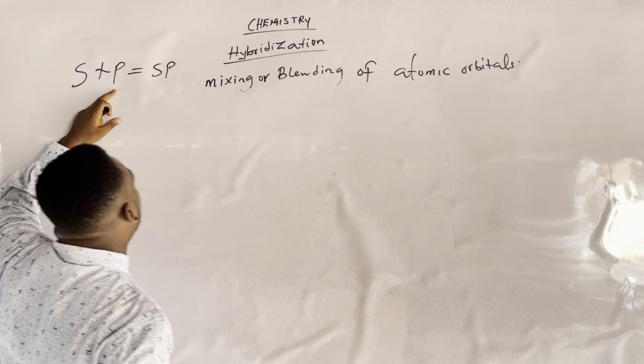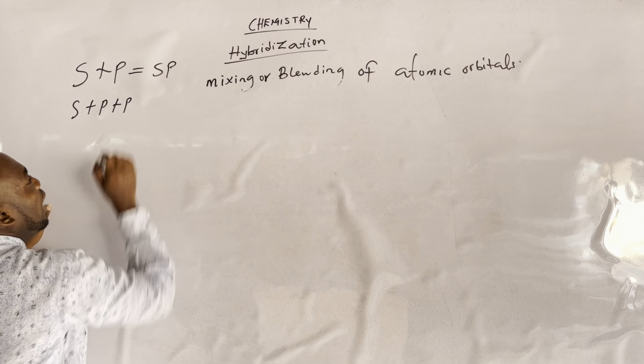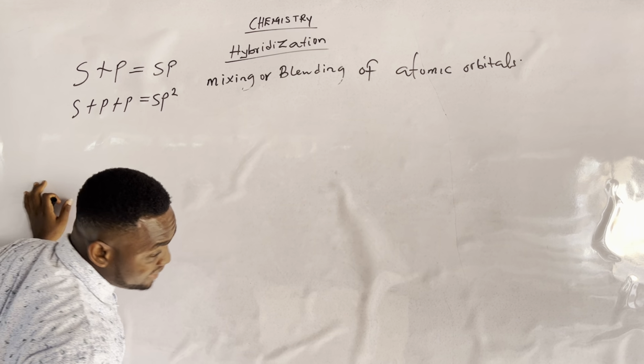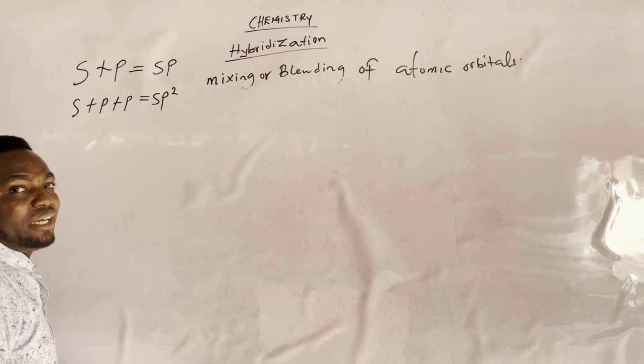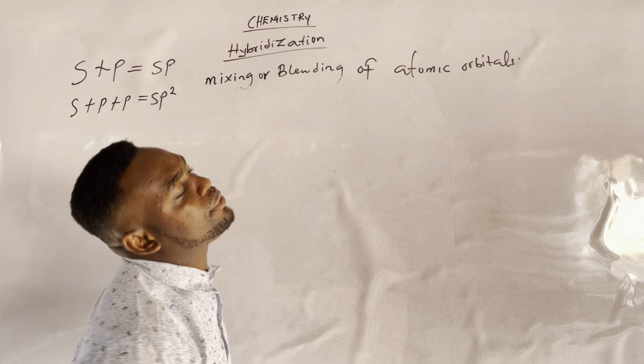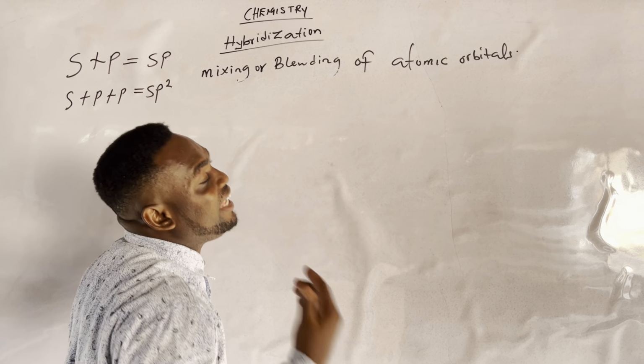And it is possible I blend S plus P plus P. In that case, I'm going to get sp2. But I don't want to be writing it like this because it will take my time and space. So I'll just go ahead to give you the types of hybridization we encounter in inorganic chemistry, or we encounter every day.